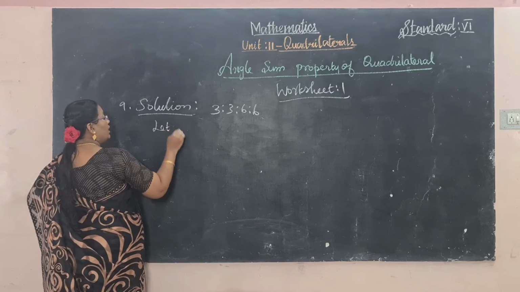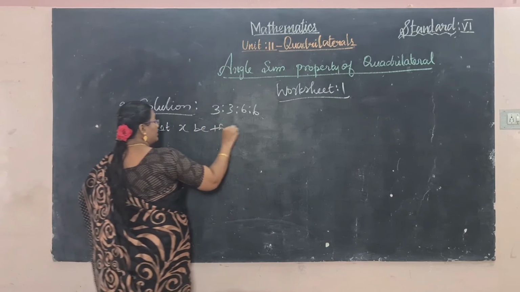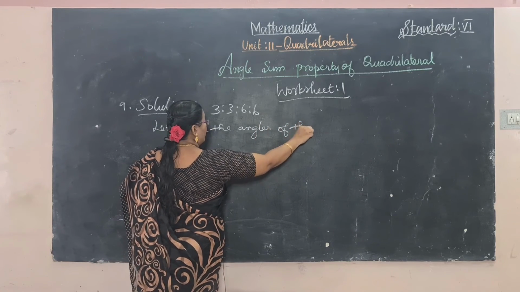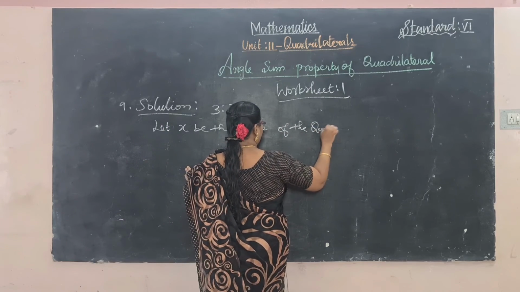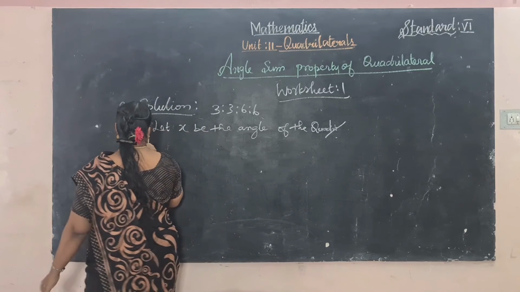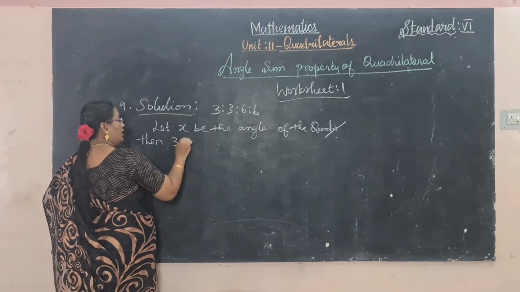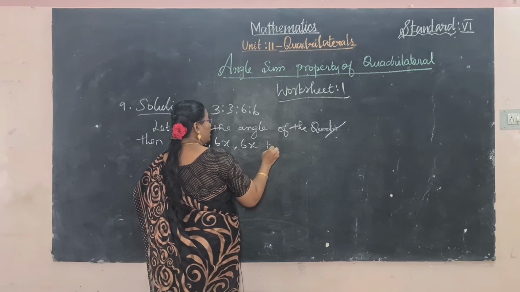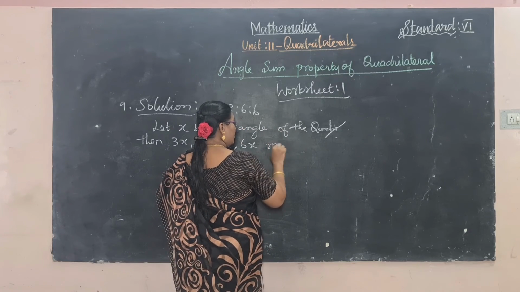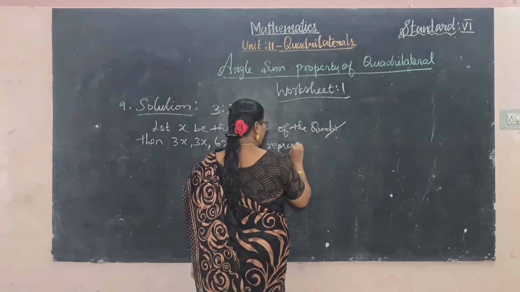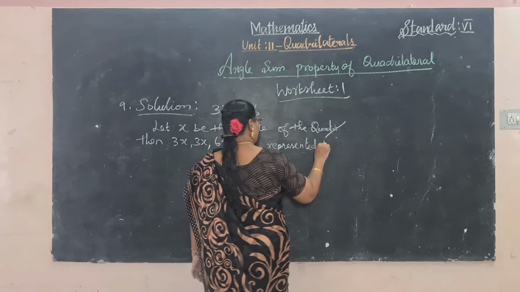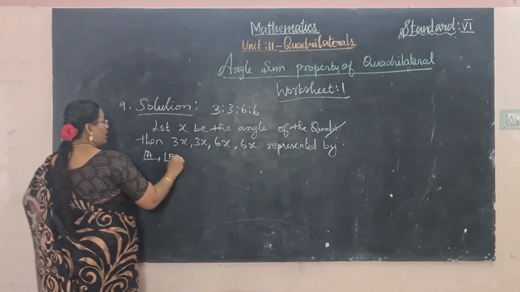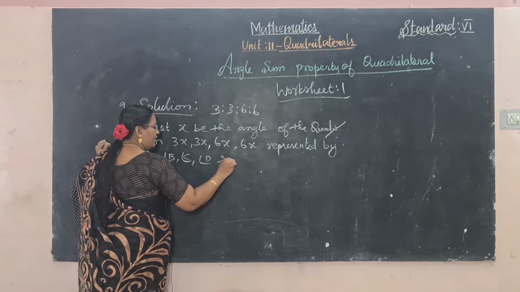As usual, we consider: let x be the angle of the quadrilateral, then 3x, 3x, 6x, 6x are represented by angle A, angle B, angle C, angle D respectively.